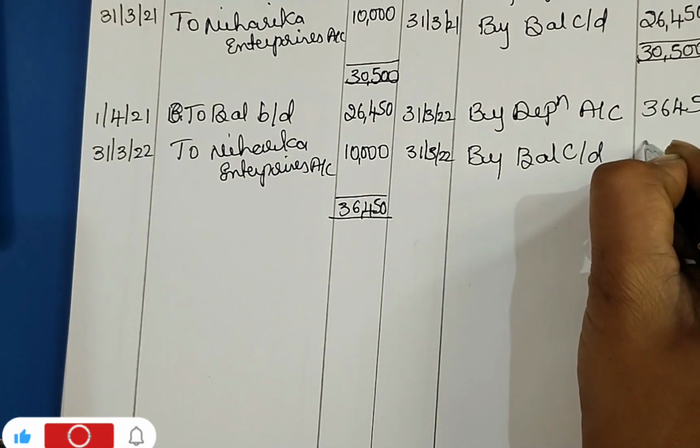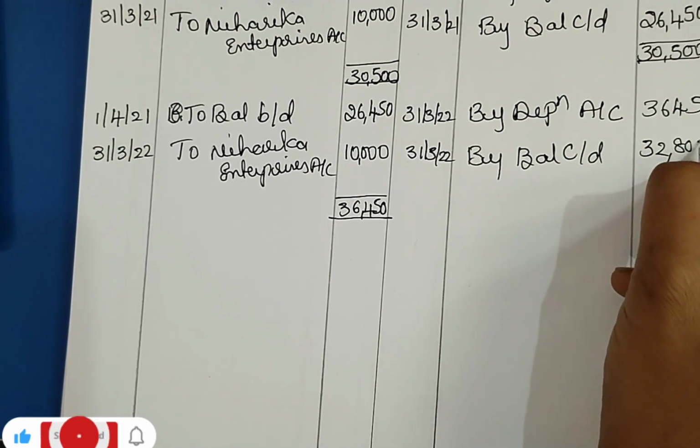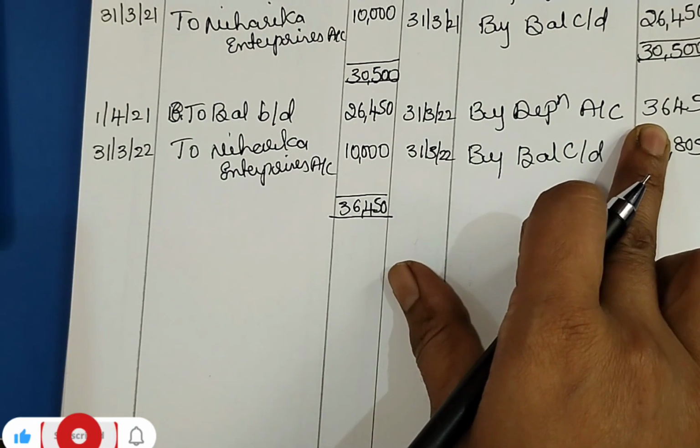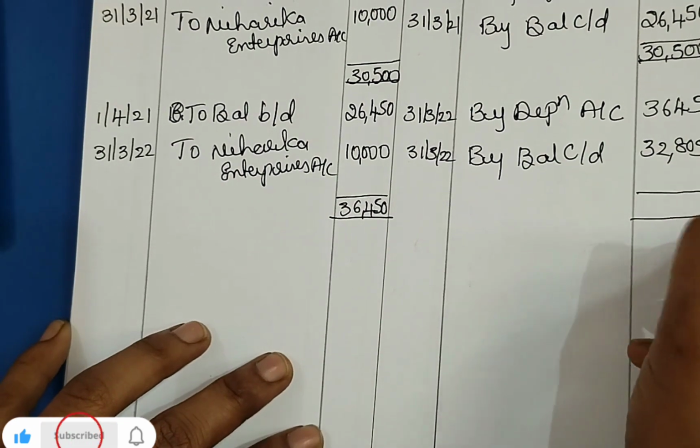The balance carry down is 32,805. 36,450 minus 3,645 is 32,805.